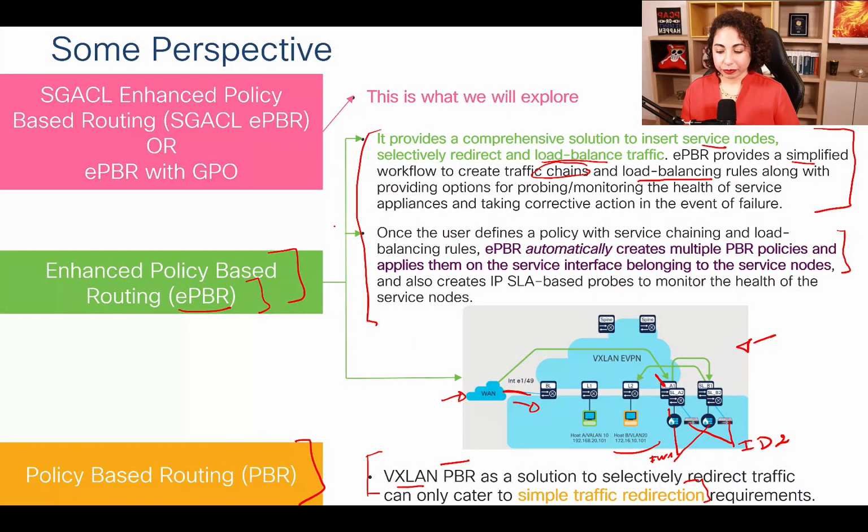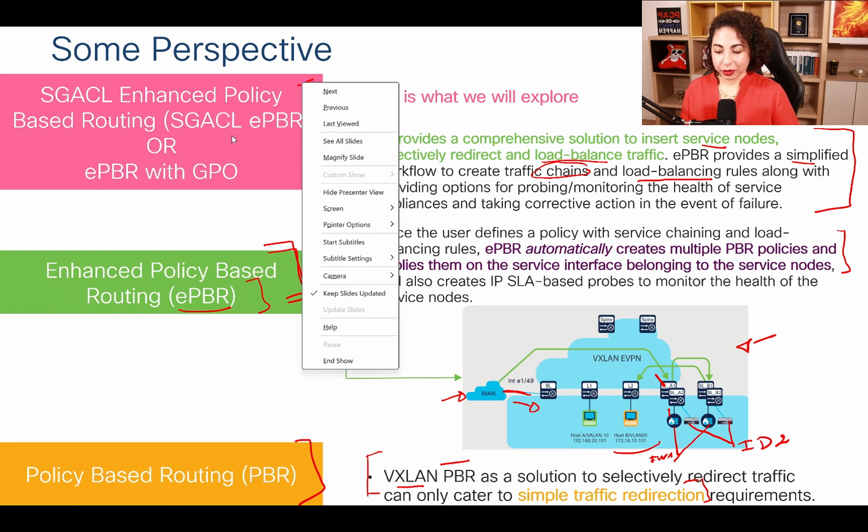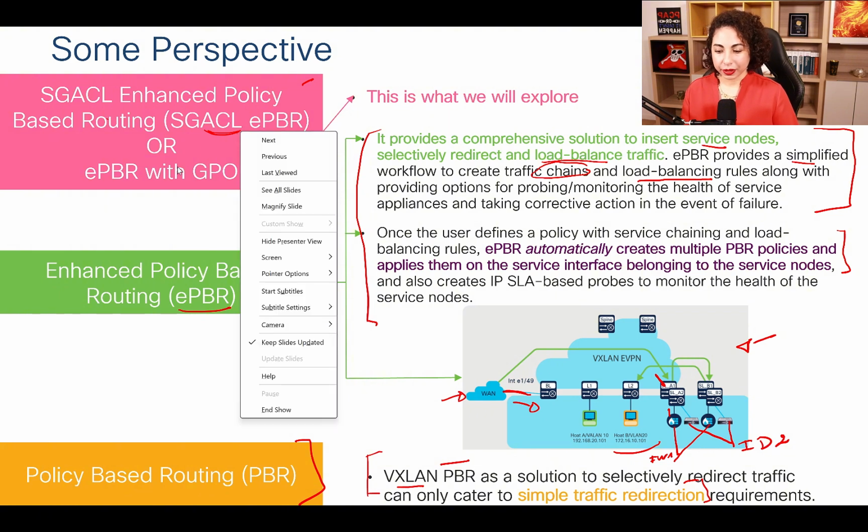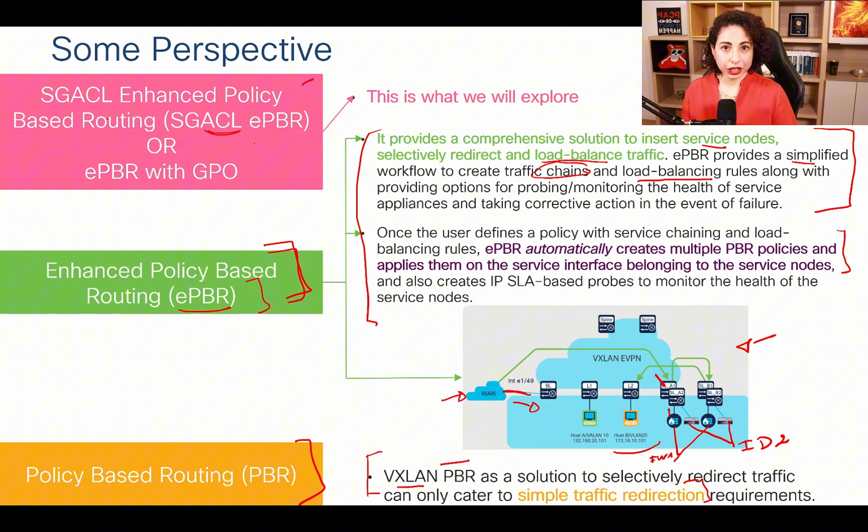Okay, so again, key takeaway: it is ePBR that brings the enhancements that we have touched on in the previous slides. Now, what SGACL ePBR, or ePBR with GPO, will do is take ePBR and combine it with GPO. You can find the two nominations in the documentation, either SGACL ePBR, meaning that the ACLs that we are configuring are no longer ACLs matching subnets.